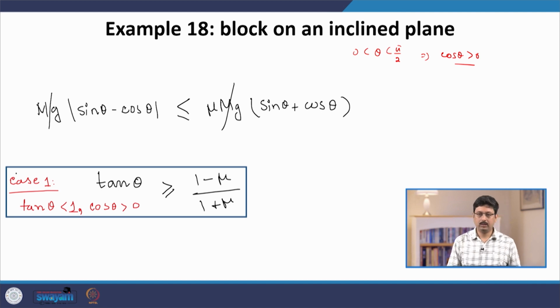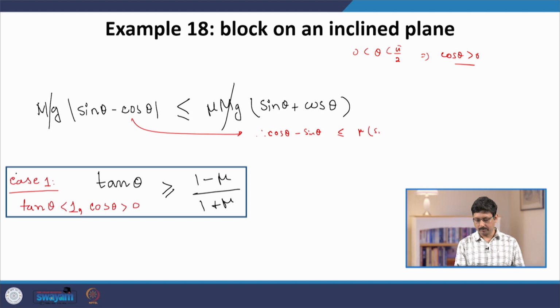So first let us consider the situation where tan theta is less than 1, which means sin theta is less than cos theta. In this case, mod of sin theta minus cos theta will be cos theta minus sin theta, which is less than or equal to mu times sin theta plus cos theta.